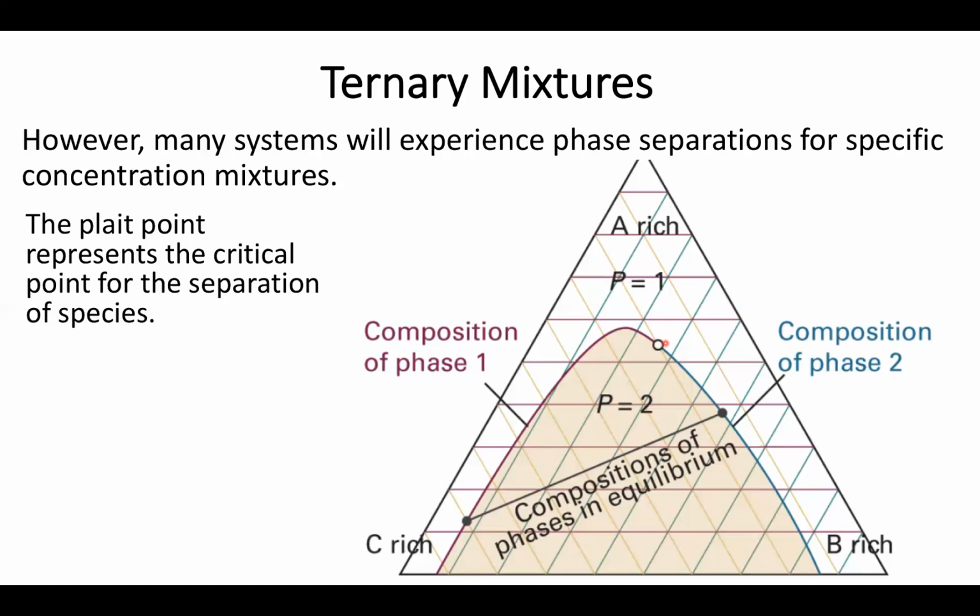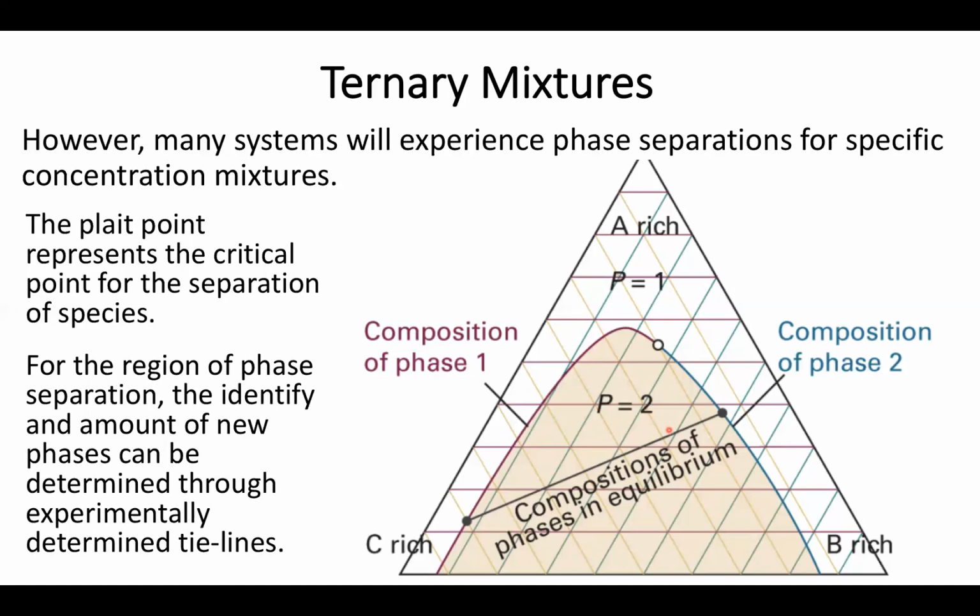However, in order to more quantitatively describe how my system splits apart into separate phases, I'm going to need to make use of tie lines, just like I did for a binary system. However, the big thing with tie lines in a ternary system, rather like the plait point, is these tend to need to be experimentally determined.